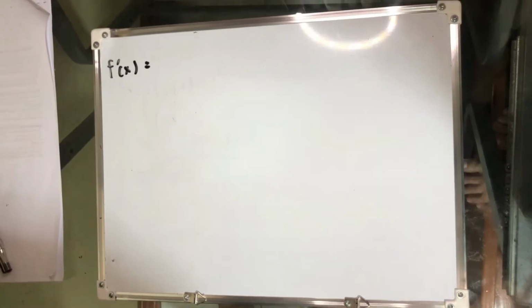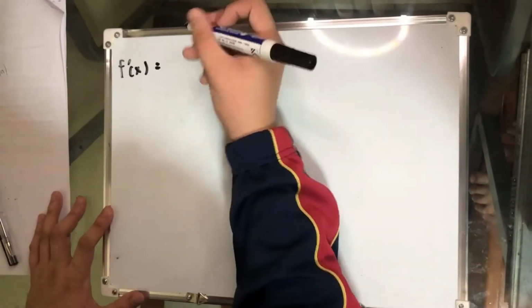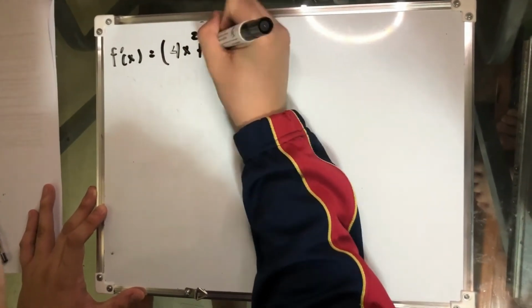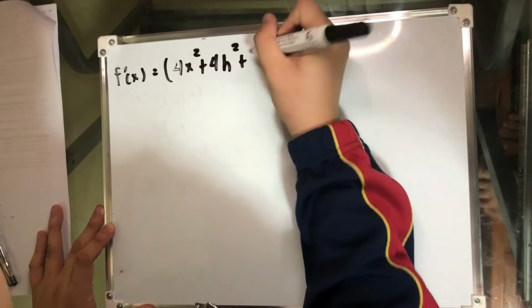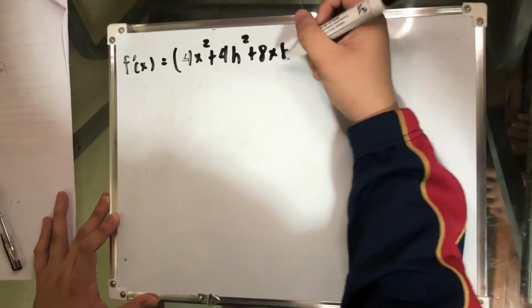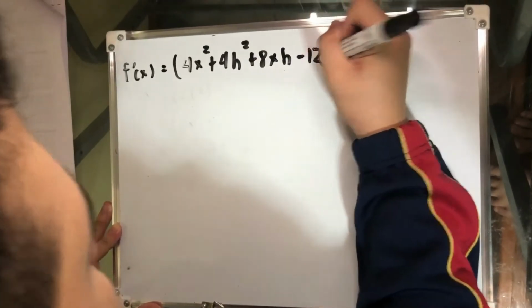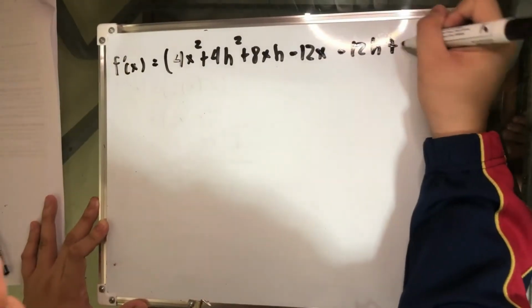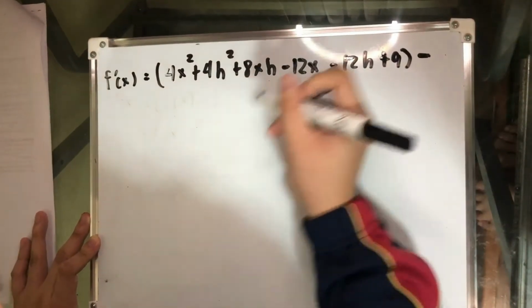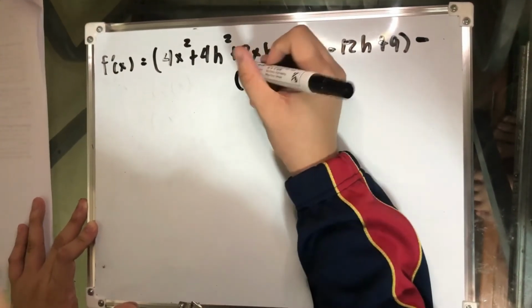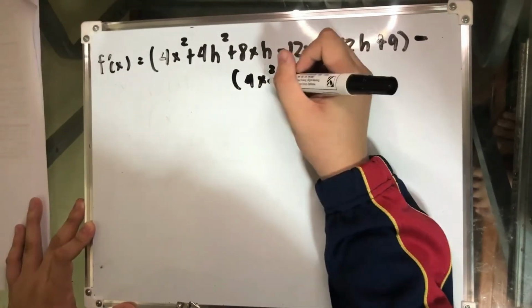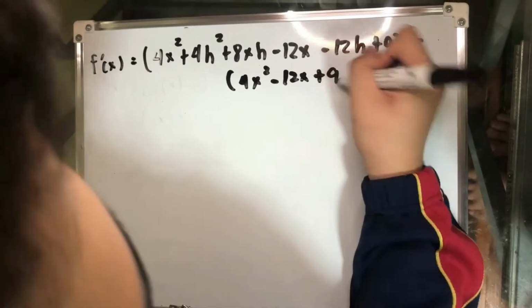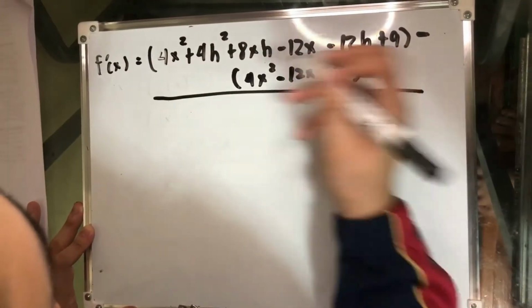So let us substitute the values that we have derived early on. 4x squared plus 4h squared plus 8xh minus 12x minus 12h plus 9, minus the quantity 4x squared minus 12x plus 9, all over h.